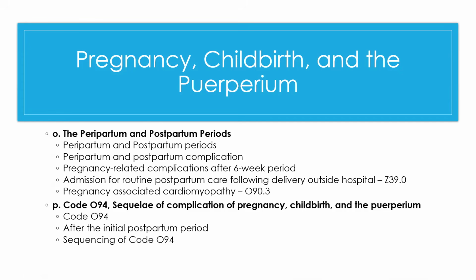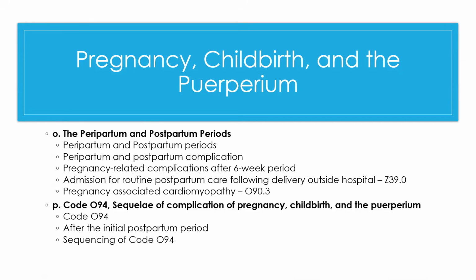Next, we have code O94 for sequelae of complication of pregnancy, childbirth, and the puerperium. First up, code O94 is for use in those cases when an initial complication of a pregnancy develops as a sequela or sequelae requiring care or treatment at a future date.